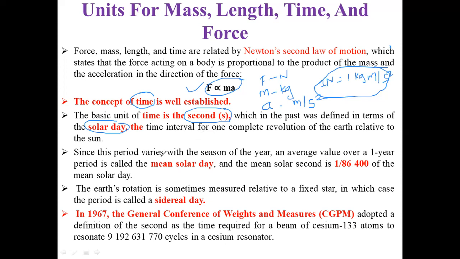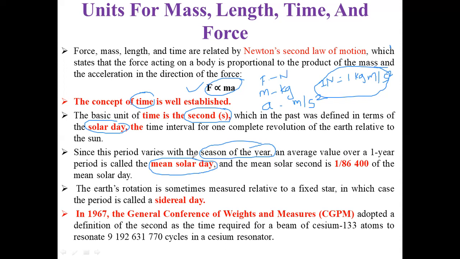Since this period, one complete revolution of the earth relative to the sun, varies with the season of the year, an average value over a 1 year period is called the mean solar day.